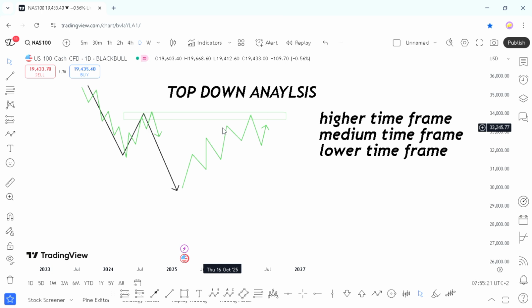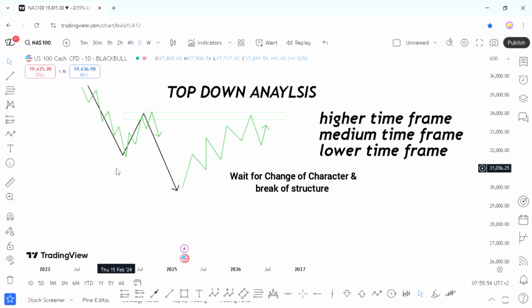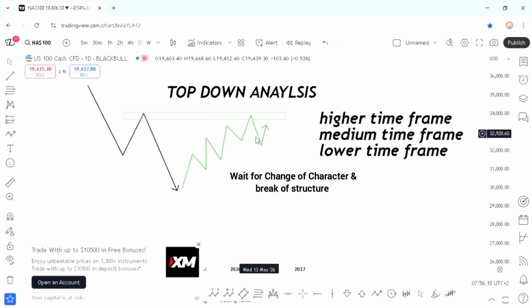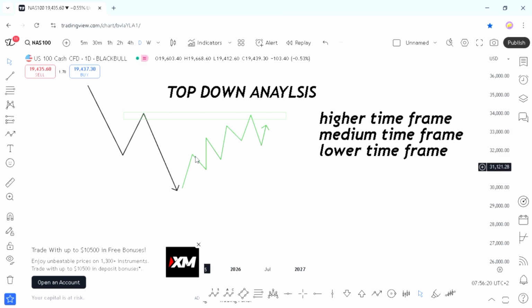So let's say price creates a lower high, and you want to catch the reversal, you just need to wait for the change of character. What is the change of character? The market was moving in an uptrend, and all of a sudden the market starts to create a new low after we created a high here.